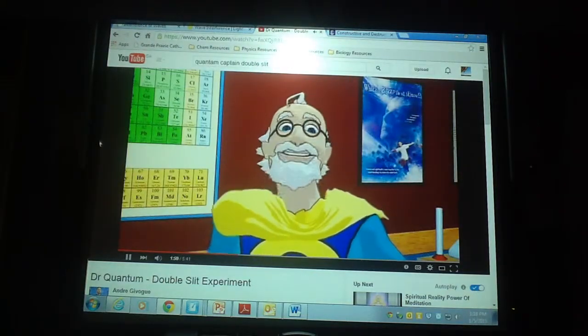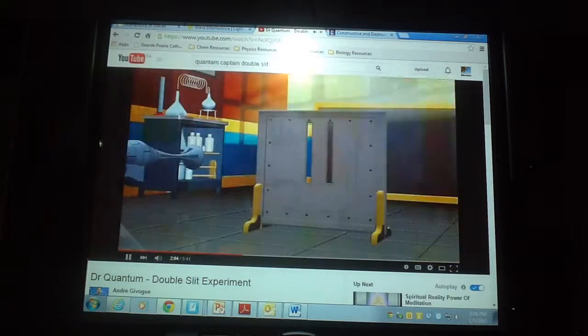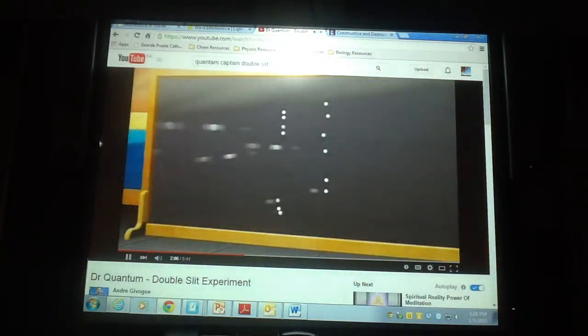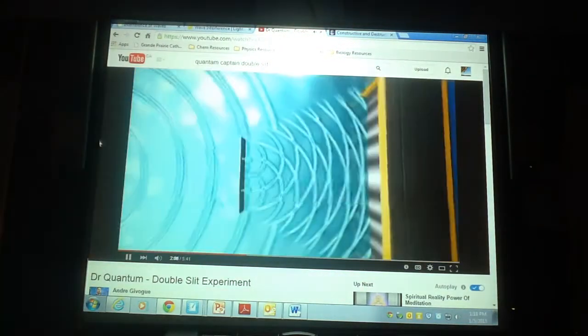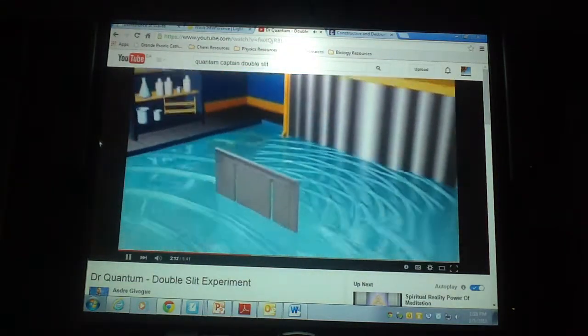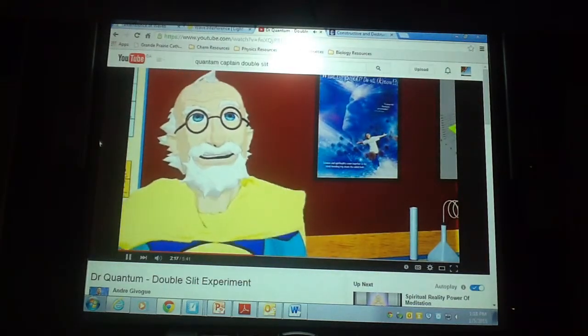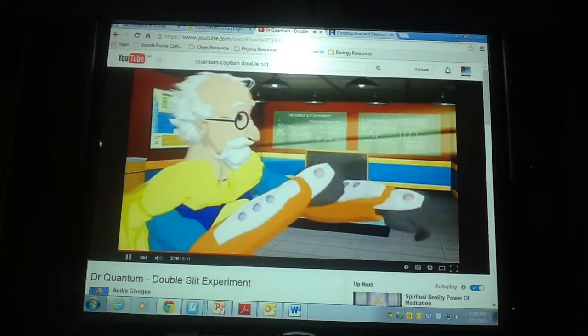So, when we throw things, that is, matter, through two slits, we get this. Two bands of hits. And with waves, we get an interference pattern of many bands. Good so far. Now, let's go quantum.